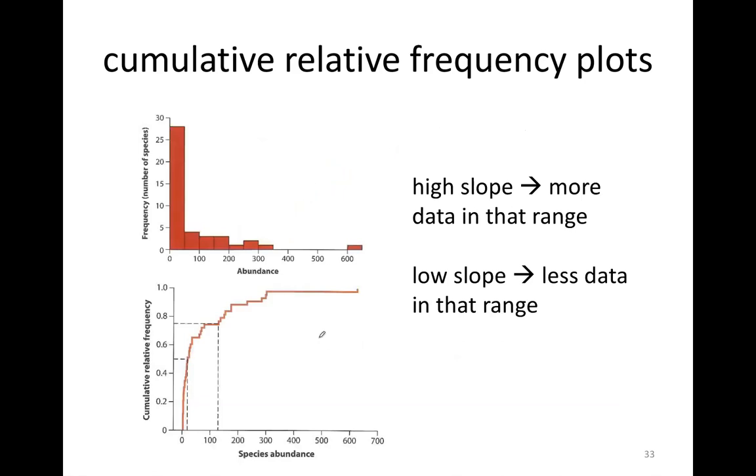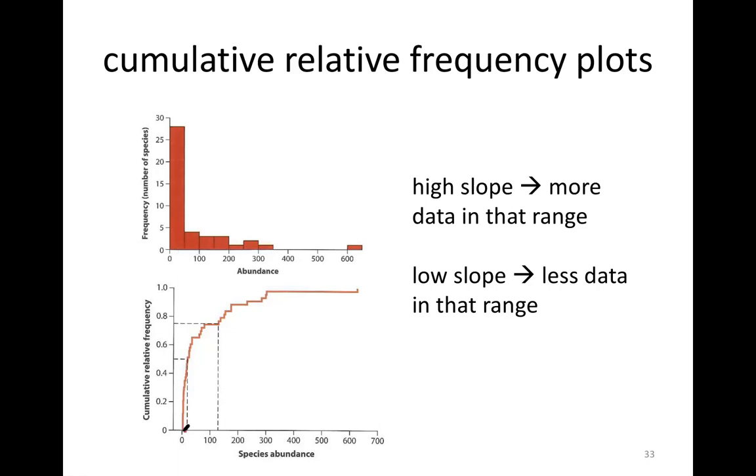So these two are describing the same pattern, but from different dimensions in a sense. As you see again, in a cumulative relative frequency plot, the higher the slope, the more data in that range. The lower the slope, as in here, less data in that range. So many species have low abundance here.